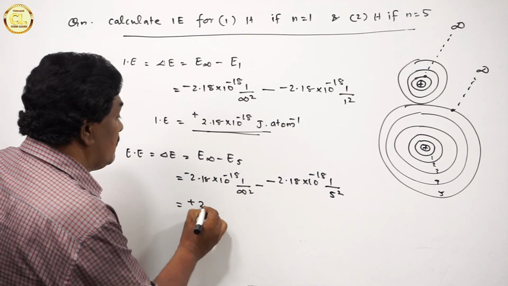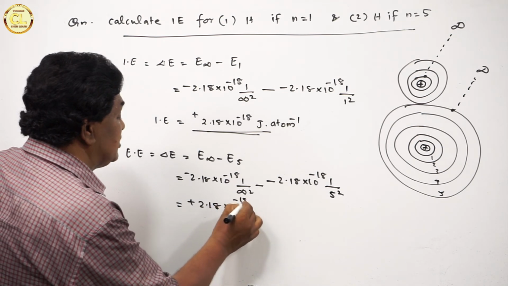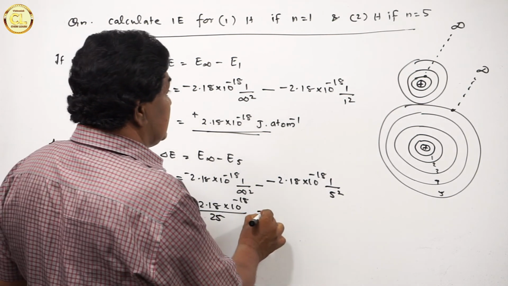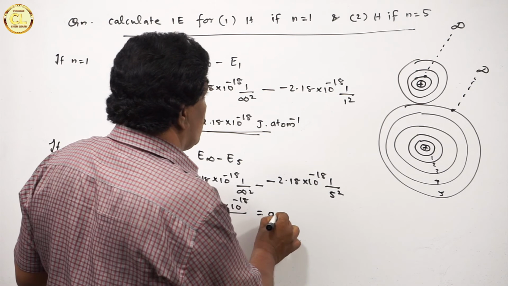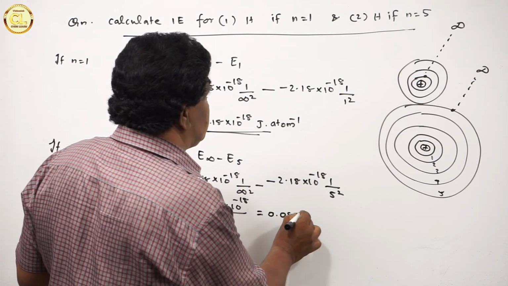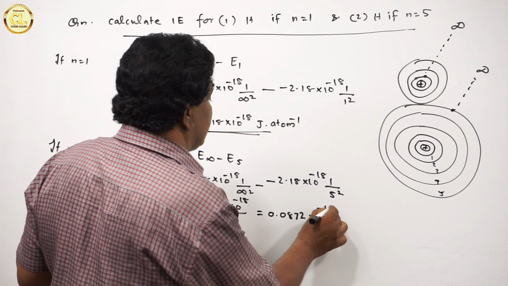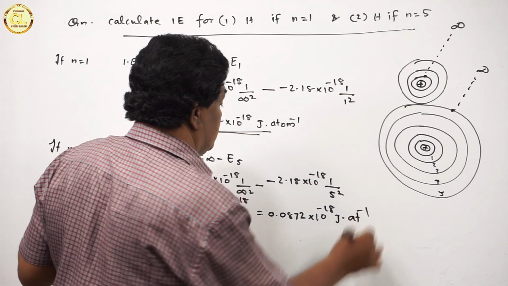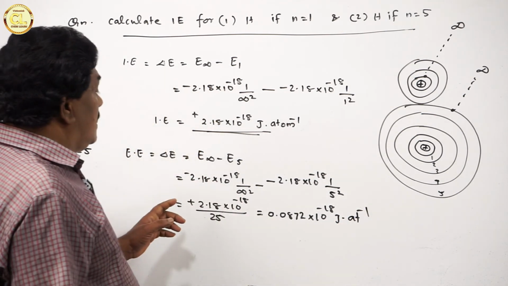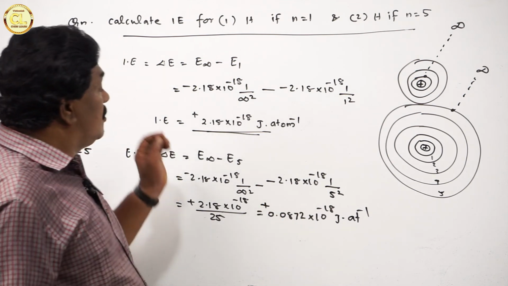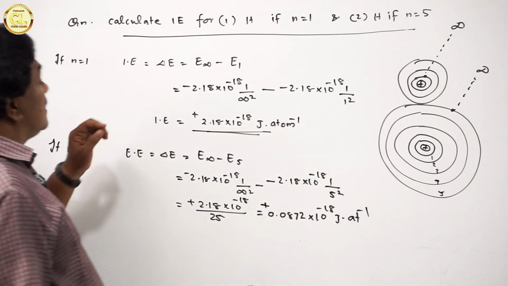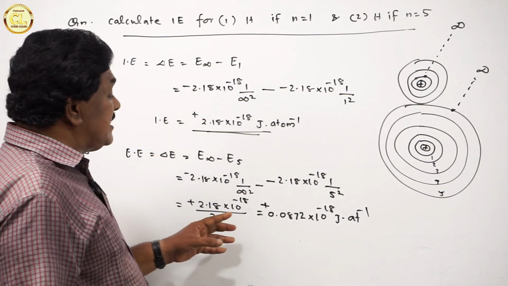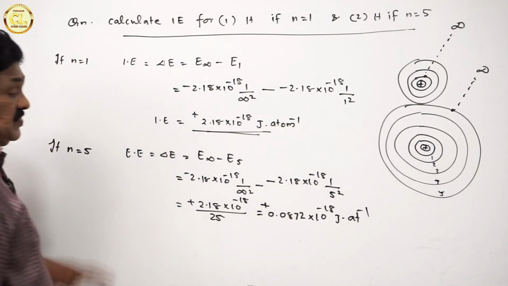So we get plus 2.18 into 10 raised to minus 18 divided by 25, which is expressed as 0.0872 into 10 raised to minus 18 joule per atom. Plus value. So the ionization enthalpy is higher when n is equal to 1 and less when n is equal to 5.